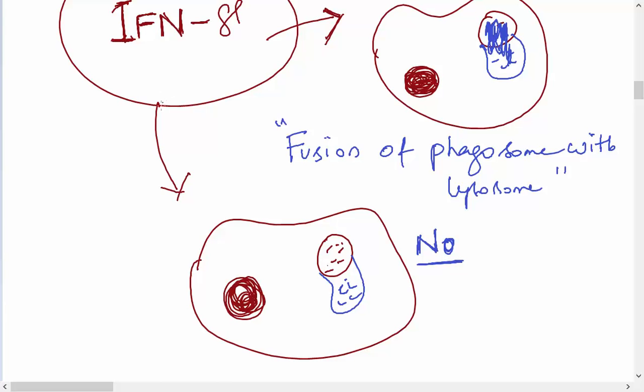So this interferon gamma tells the macrophage to synthesize nitric oxide, so they stimulate an enzyme called nitric oxide synthetase. That enzyme will produce more nitric oxide. So now the nitric oxide level is increased. They all enter the lysosome and they will kill the mycobacterium. So they increase the nitric oxide.